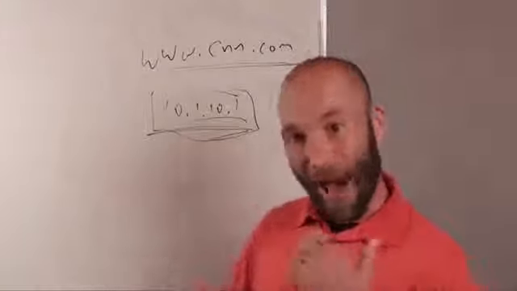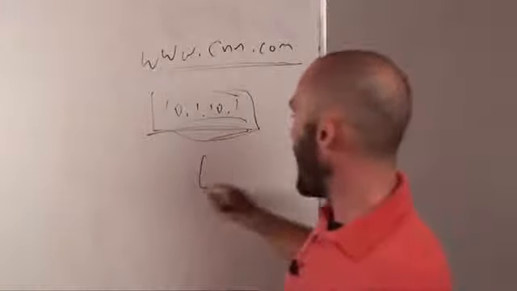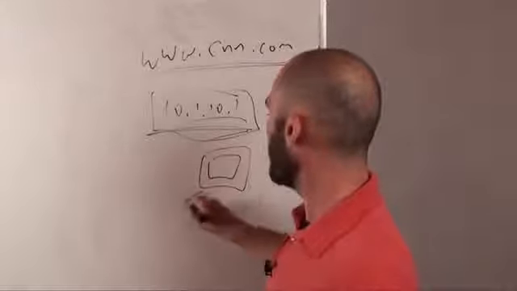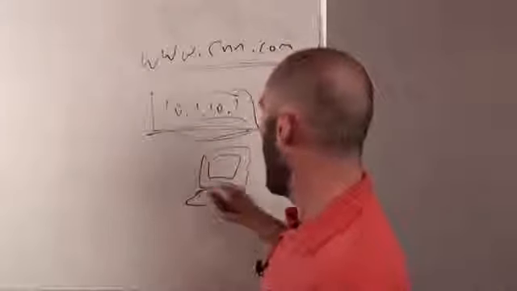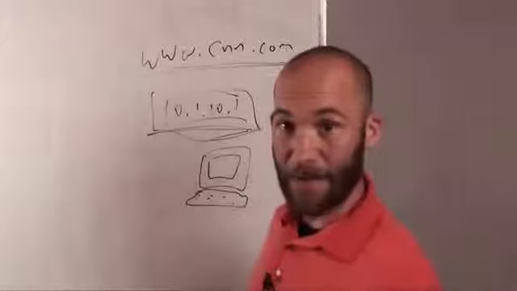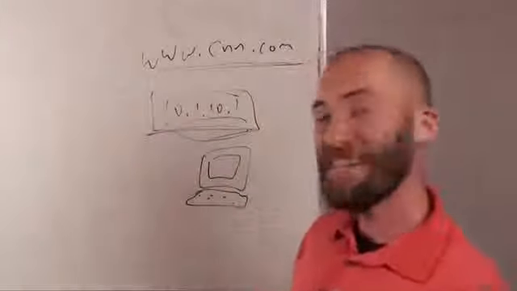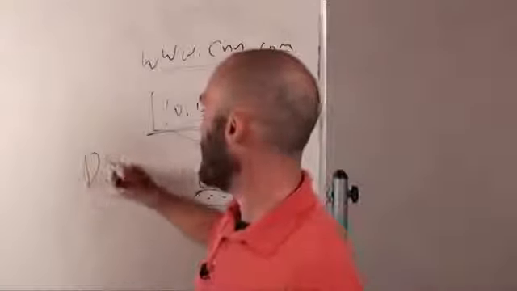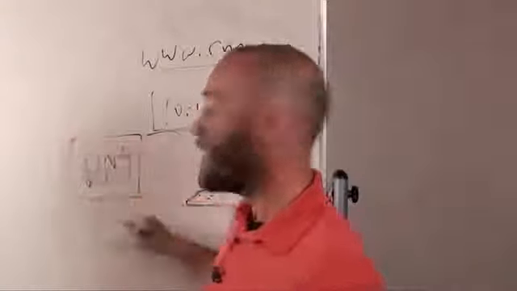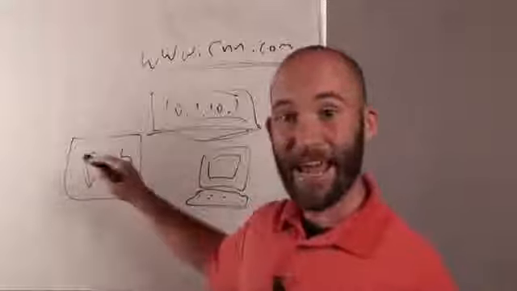So what happens is you have your computer, and your computer only cares about an IP address. But you want to plug in something like CNN.com. This is where something called a DNS server comes into play. This is called a domain name server.